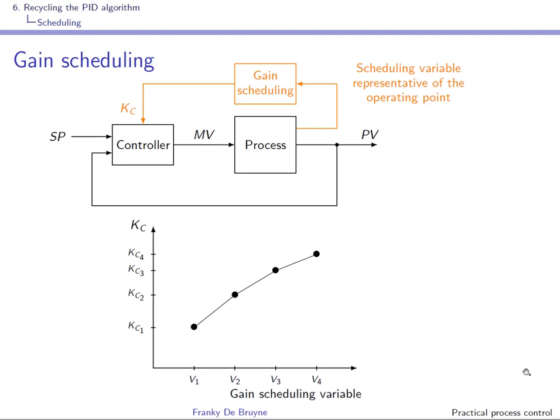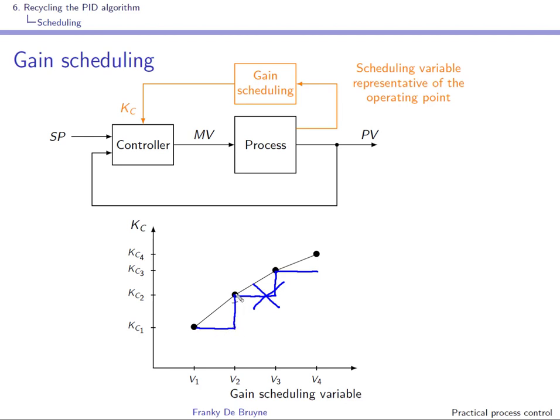Well, for the adaptation of the controller gain, it's very important that you use linear interpolation, right? So you could not have a situation where the gain is constant in this interval and then constant again in this interval and constant again in this interval, right? So that you have this staircase evolution of the gain with the gain scheduling variable.